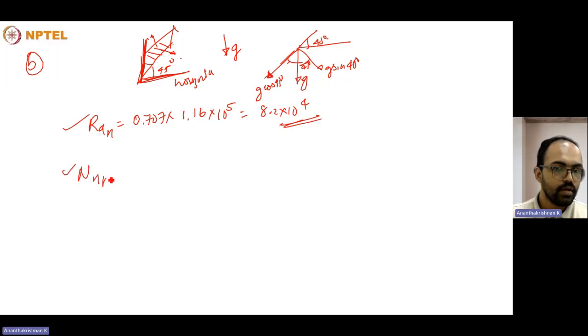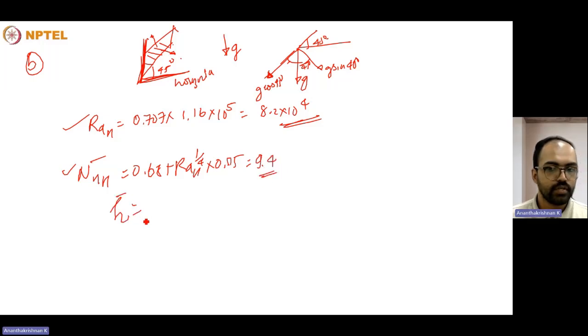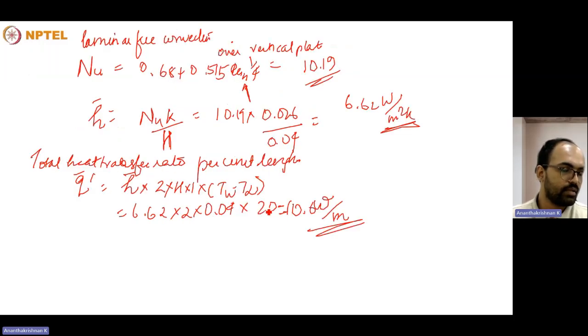And the Nusselt number will be equal to 0.68 plus 0.514 times the new Rayleigh number raised to 1 by 4, which equals 9.4. Therefore, the heat transfer coefficient will be the Nusselt number divided by delta T into k divided by L, so the value will be about 6.1.